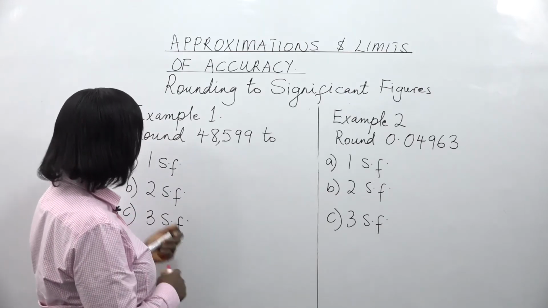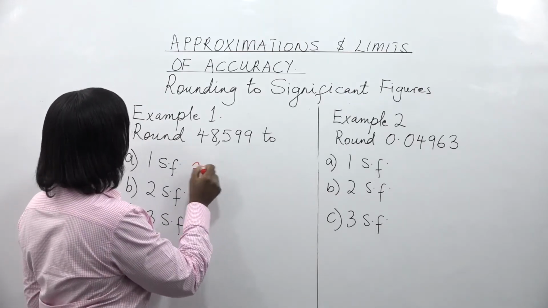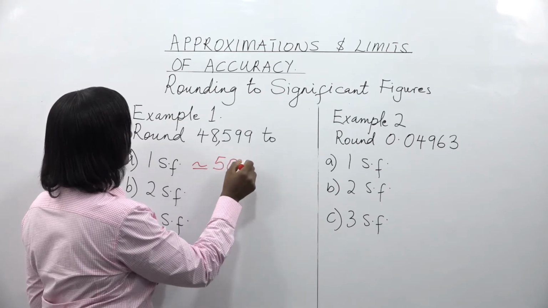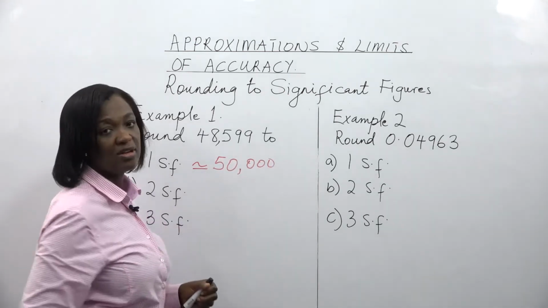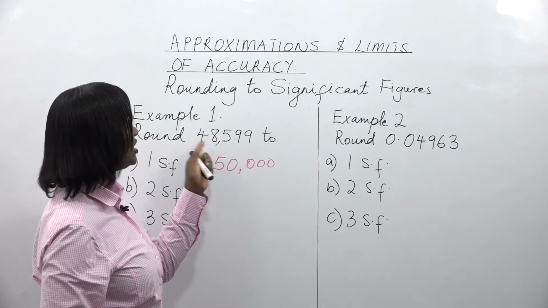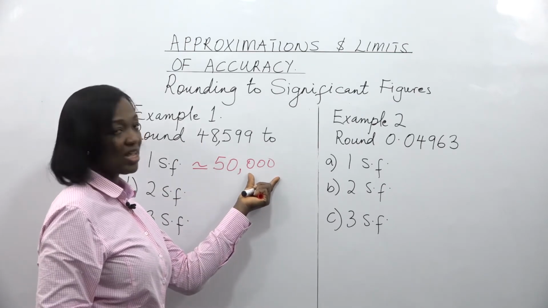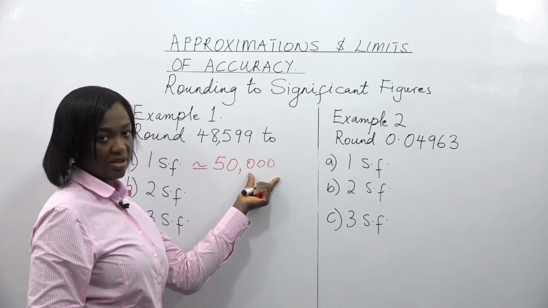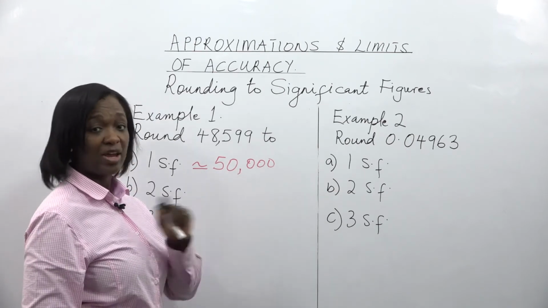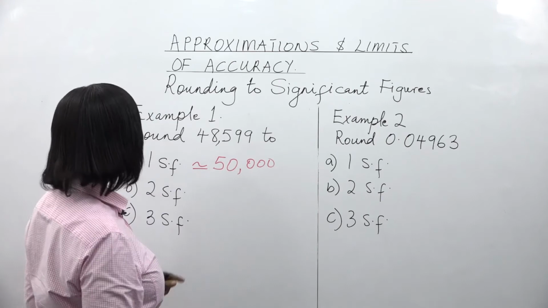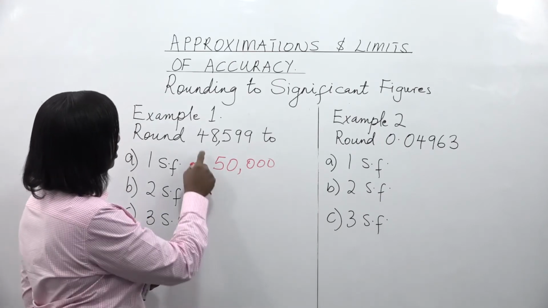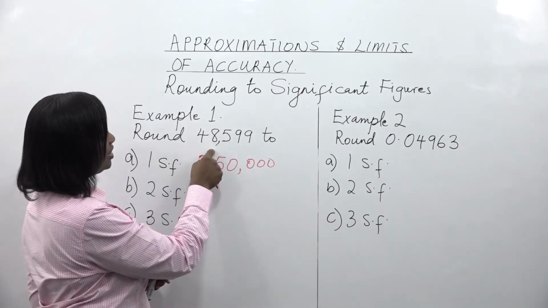So this rounds to 50,000 to 1 significant figure. This is a whole number. So you must write the zeros as placeholders. You can't discard them like you do in decimals. To 2 significant figures, 4, 8.